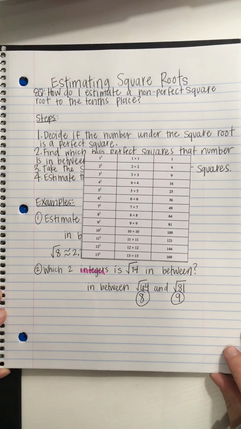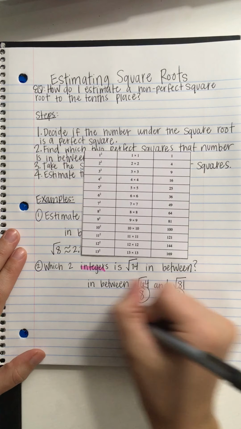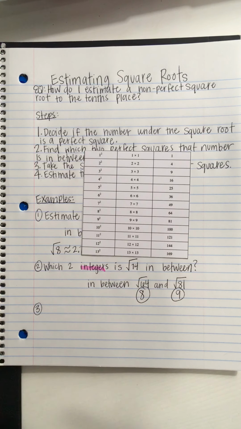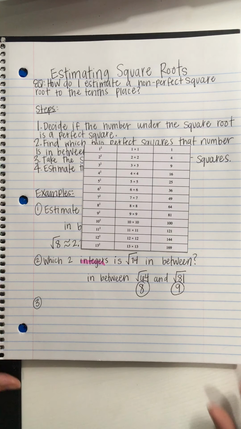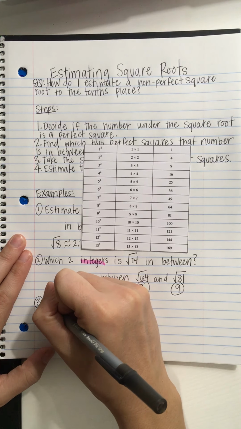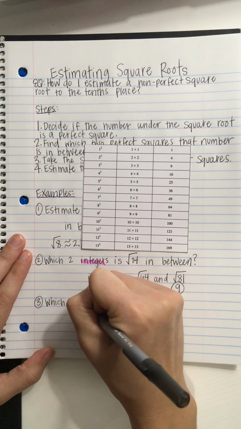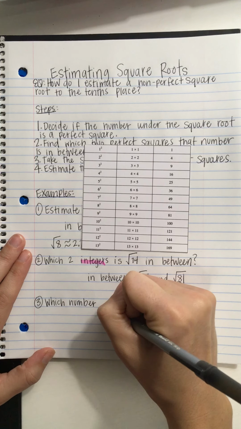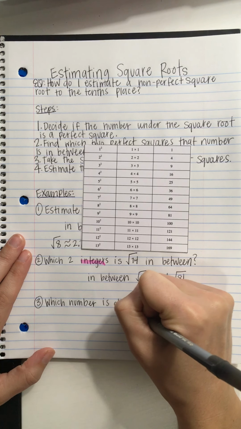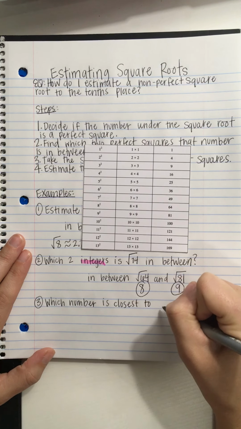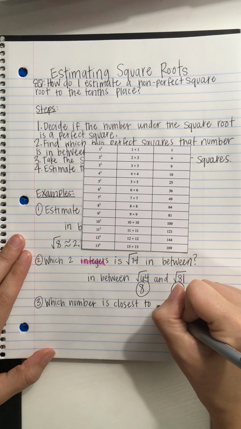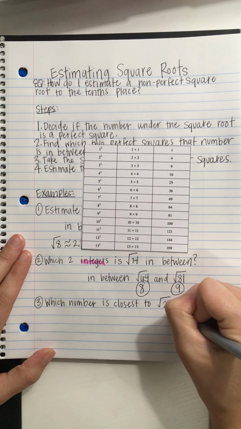Okay? We're going to do one more. I'm going to give you one problem that would be like a multiple choice problem. So if this was the problem I gave you, which number is closest to square root of 28?